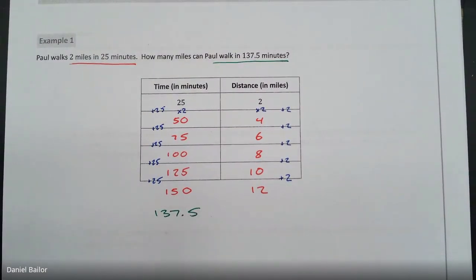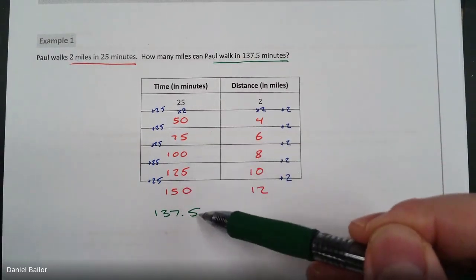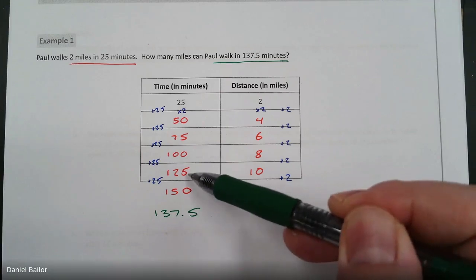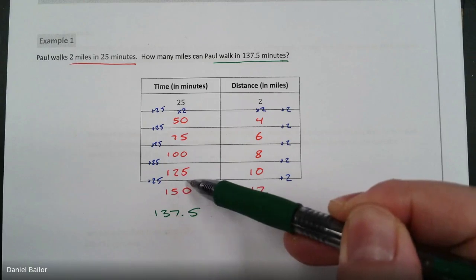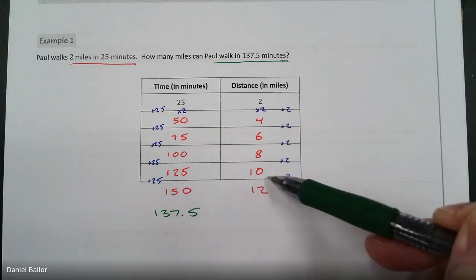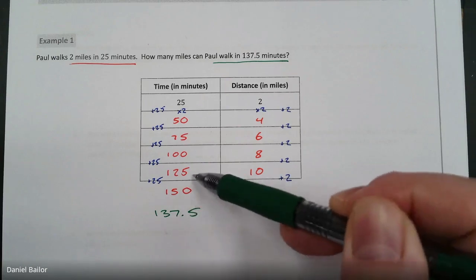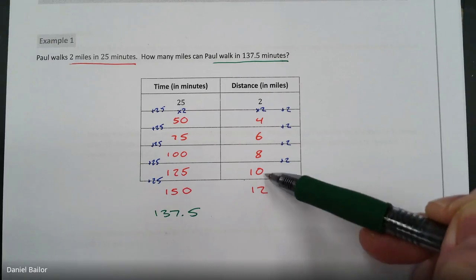Well, that's painful because it's not on our chart already. Now we know where it's going to be. 137.5 is in between 125 and 150. It's going to be somewhere in the middle, which means our answer is going to be somewhere in the middle right here. So if 137.5 is between these numbers, the answer is going to be between these numbers.